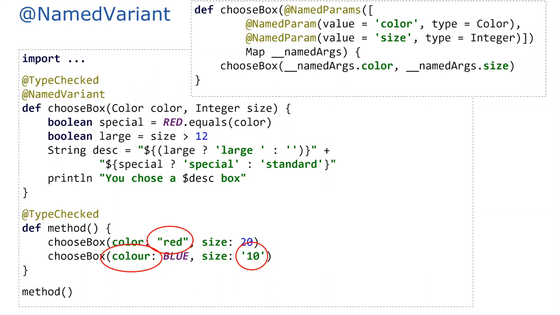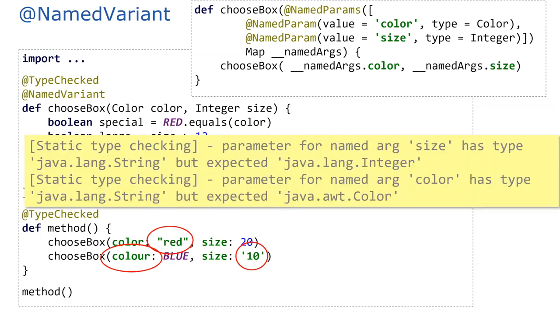That meta information is telling me that in fact color is of type color and size is of type integer. So now, even as the user of the new method, I'm going to get static type information preserved. So now as the user of this code, it'll also tell me about the information.